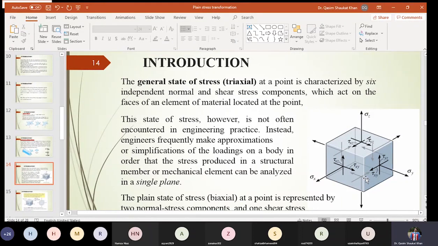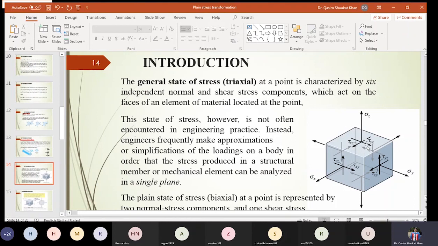So now you have three normal stress components: sigma x, sigma y, and sigma z. And similarly, you have three different shear stress components: tau xy, tau xz, and tau yz. So very simple to remember.